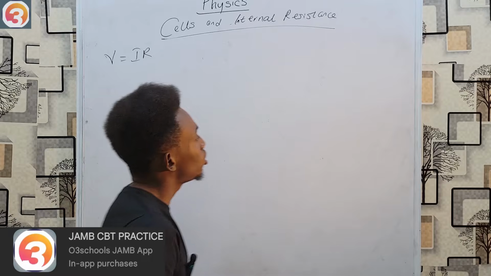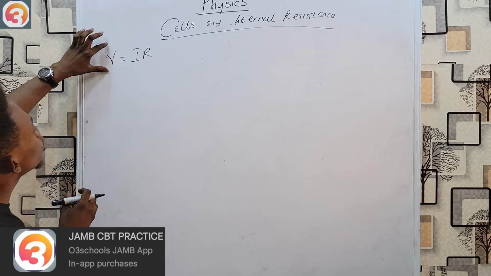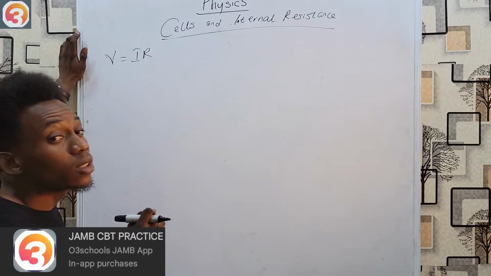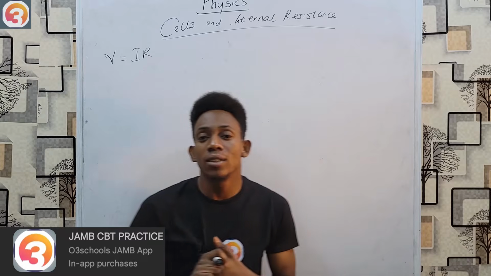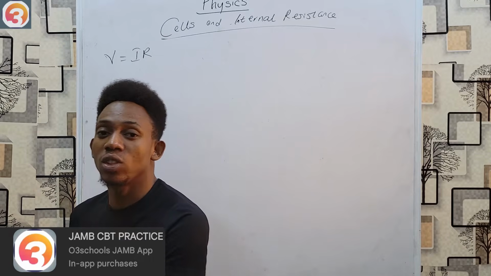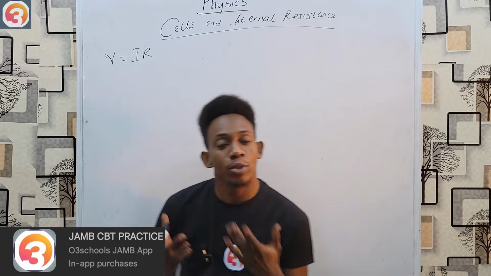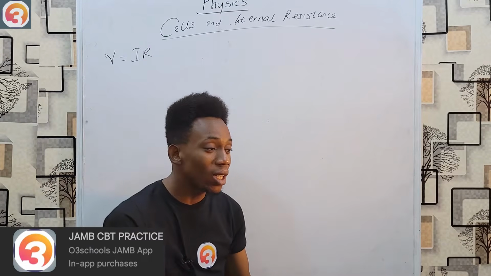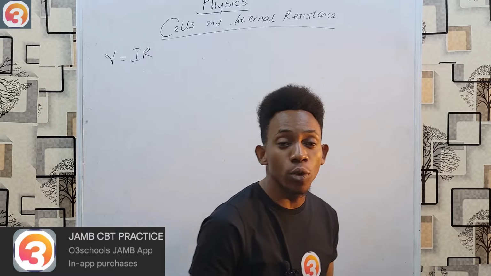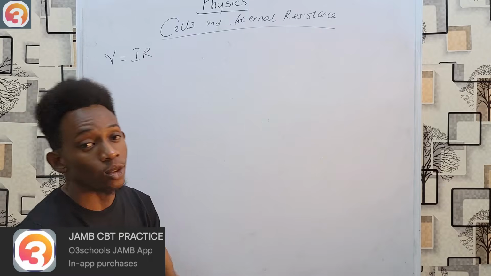However, what then happens if this cell has internal resistance? What is internal resistance? Say I have the ability to produce 10 volts, but in trying to get this 10 volts out, I first have to waste 2 volts because of opposition within me. That's what internal resistance has to do with.